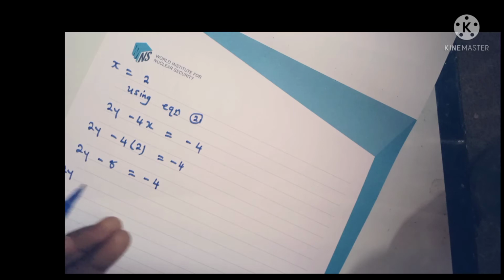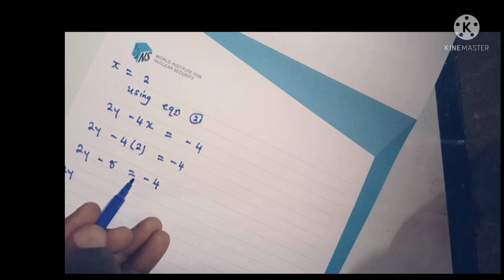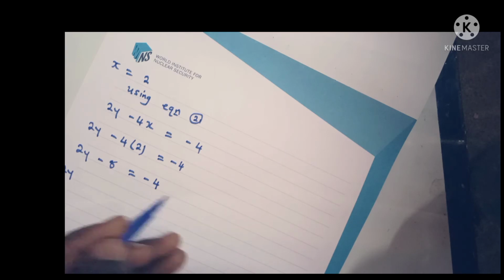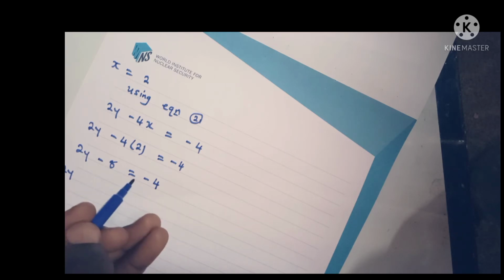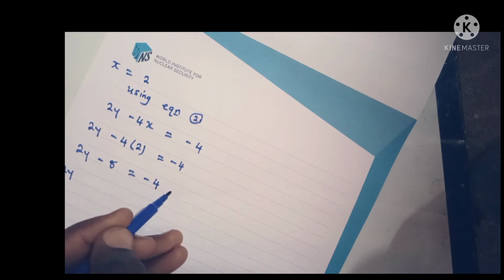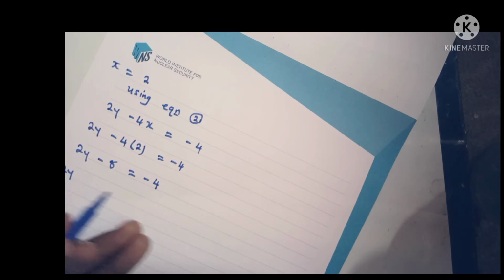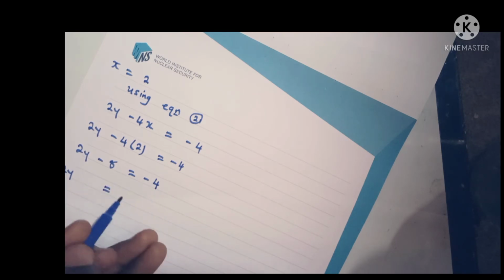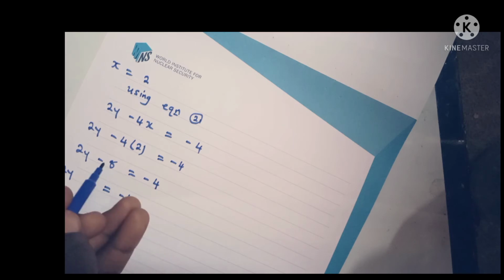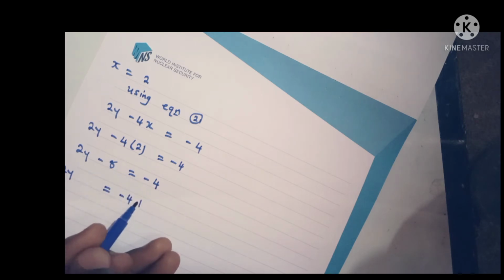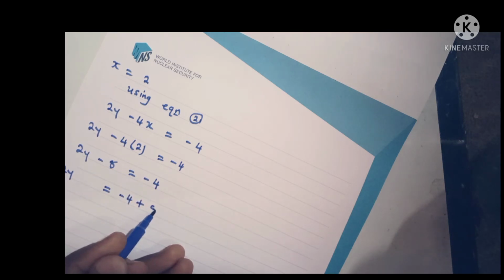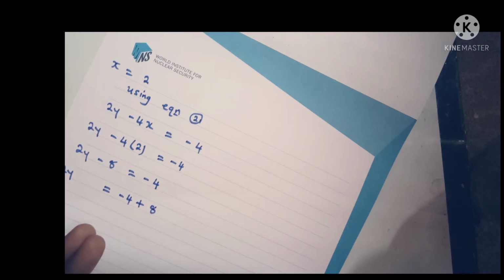So 2y, now this minus 8 will cross the equal sign and becomes positive. So 2y equals minus 4 plus 8, which is positive 4.